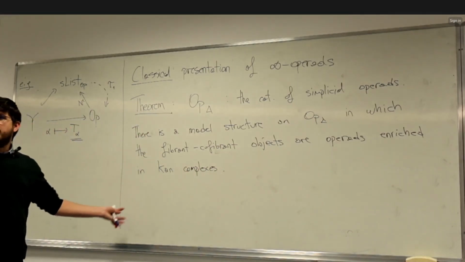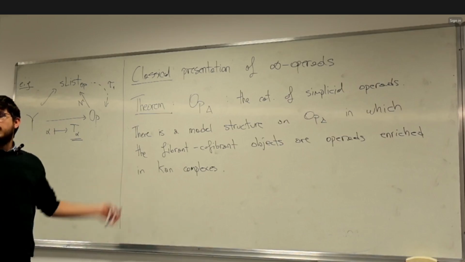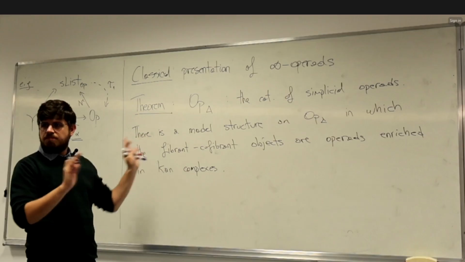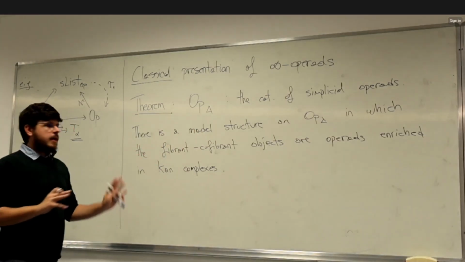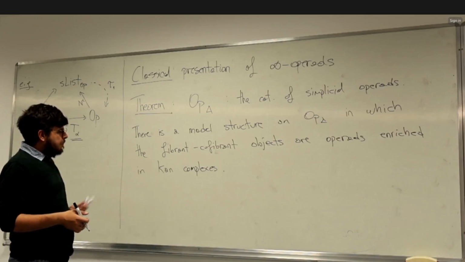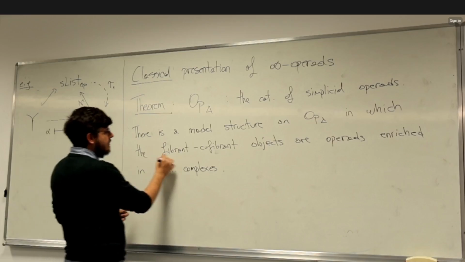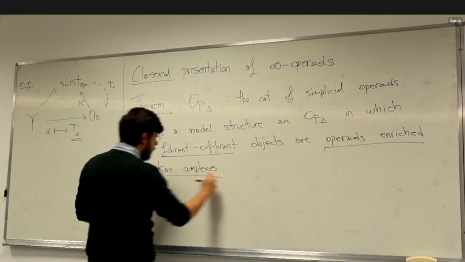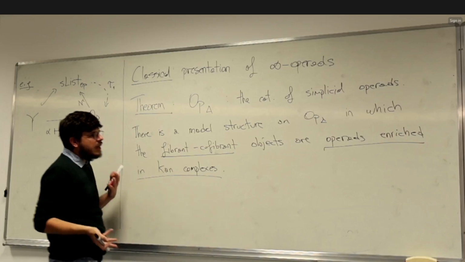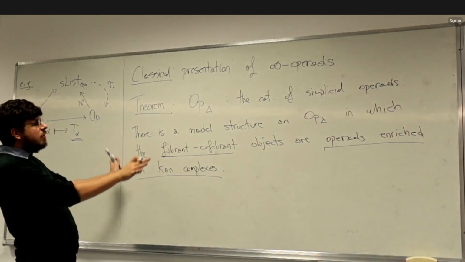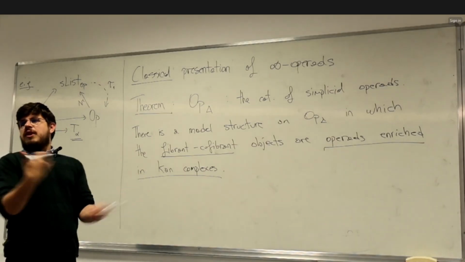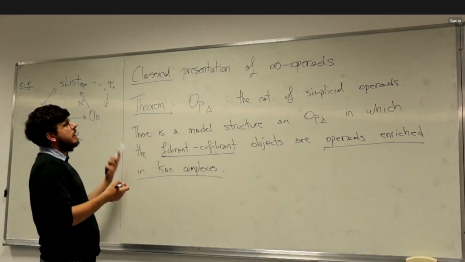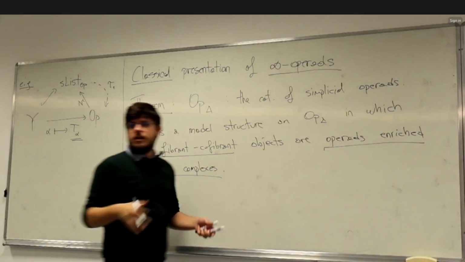And I'm not telling you what the weak equivalences are, etc. So we have the Bergner model structure on simplicial categories. This is pretty much a straightforward extension of that. But what this tells us, the fact that fibrant cofibrant objects are operads enriched in Kan complexes: if we interpret Kan complex to be space, it's just saying that this model structure presents the infinity category of operads enriched in topological spaces, which we interpret as a model for infinity operads. So this is the classical theory.